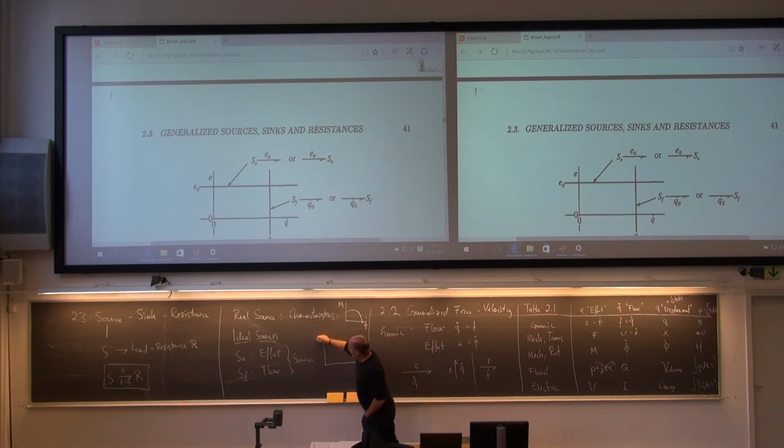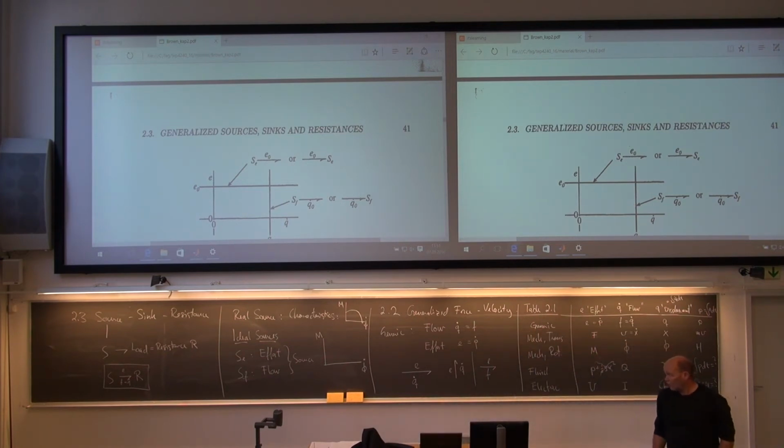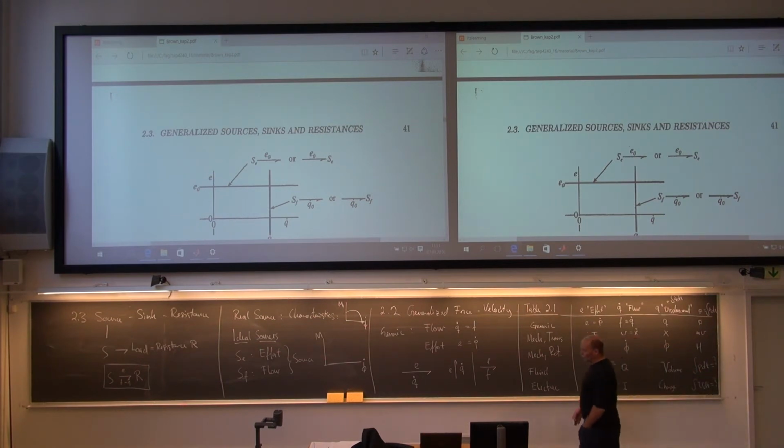Rotational speed and here torque. If you had a perfect ideal effort source, it would be able to provide you with a certain effort regardless of the rotational speed. So here you will have a perfect effort source. It can provide you with this torque no matter what. You don't care how fast it goes or if it doesn't move at all, just perfect. It gives you a certain torque, no matter what.